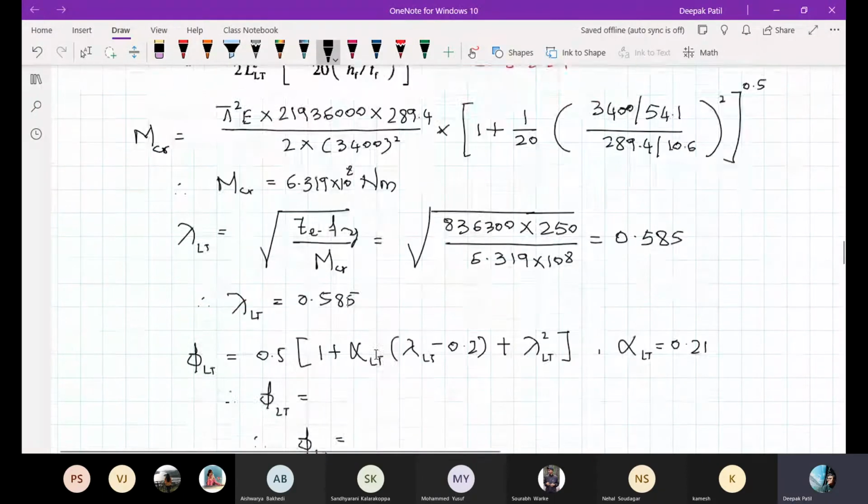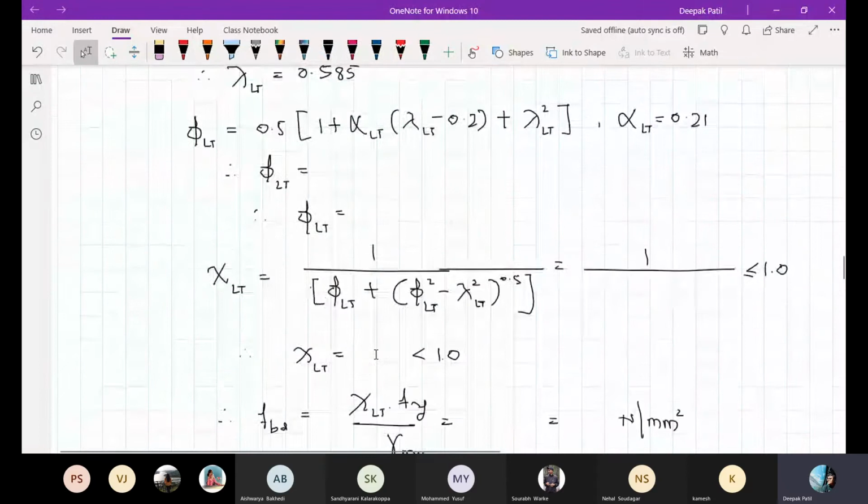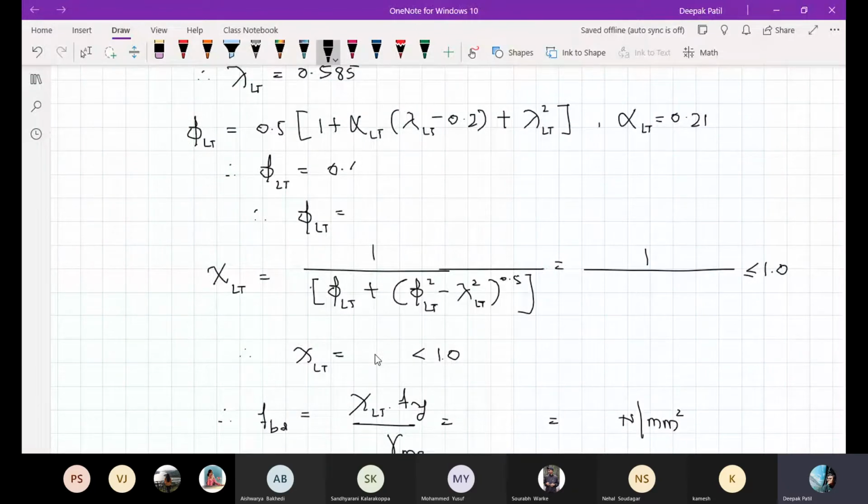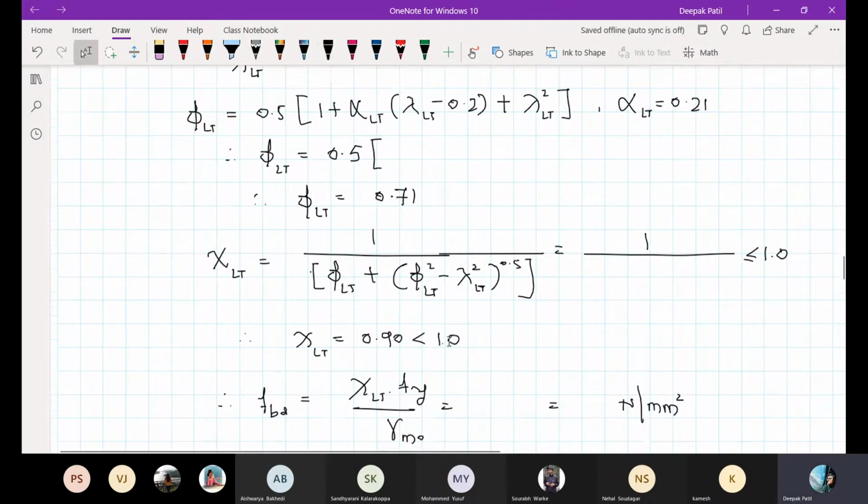Then you have to calculate phi LT, which is given by this formula, 0.5 times. I will not do that here; you can substitute and get it. I will directly write the value of phi LT, which is 0.71. Then the phi LT value and lambda LT value you substitute in this equation to calculate xi LT, which comes out to be 0.90.